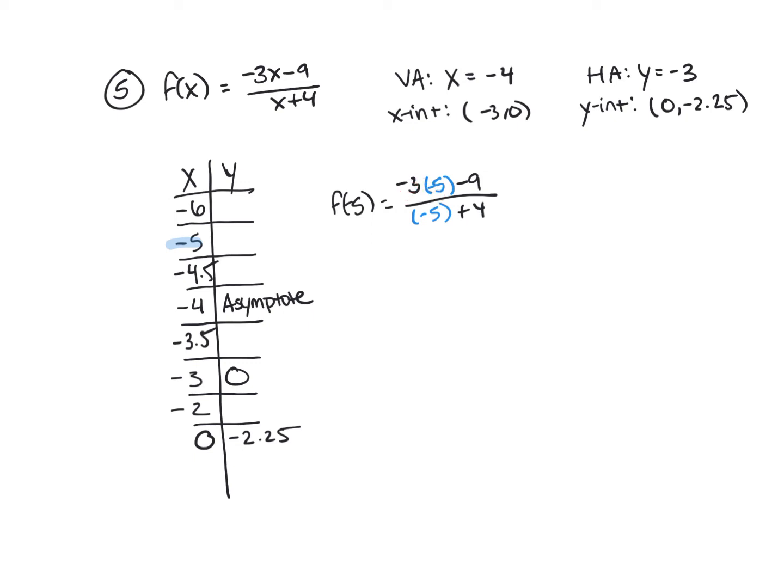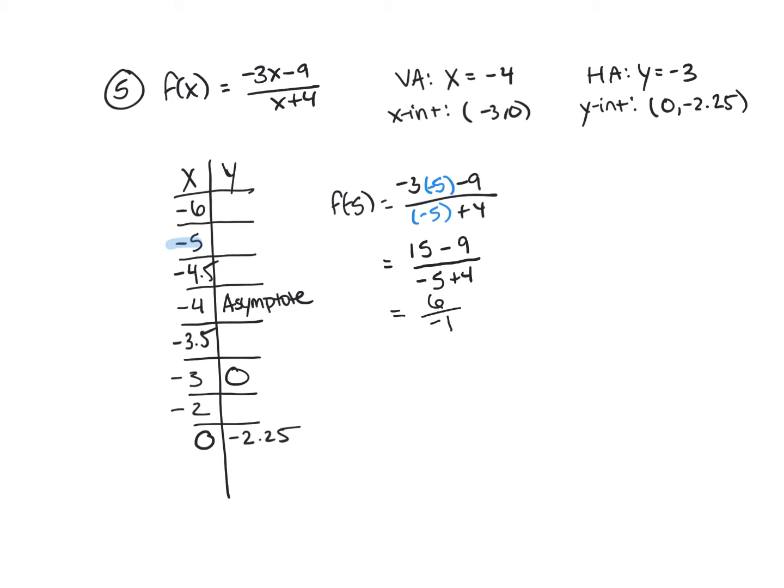Negative 3 times negative 5 is positive 15, minus 9, over negative 5 plus 4. 15 minus 9 is 6. Negative 5 plus 4 is negative 1.